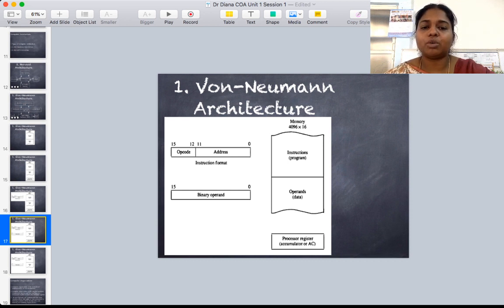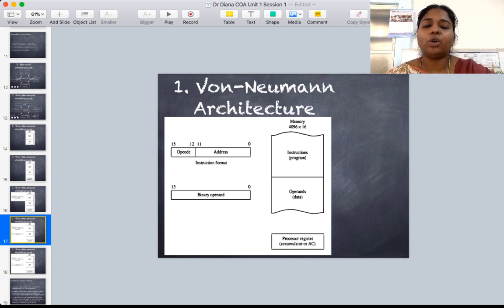And we started elaborating on the von Neumann architecture, and we saw that in this architecture, we think about a memory unit that holds instruction and operands, or the data, together in the same memory. The instruction format consists of 16 bits, with the first 4 bits, the most significant bits, representing the operation to be performed. It's also called the opcode.